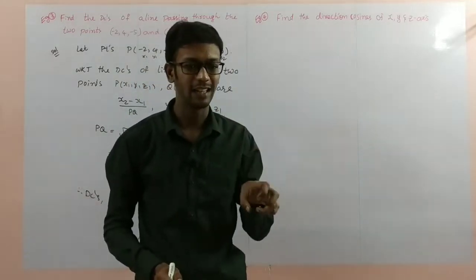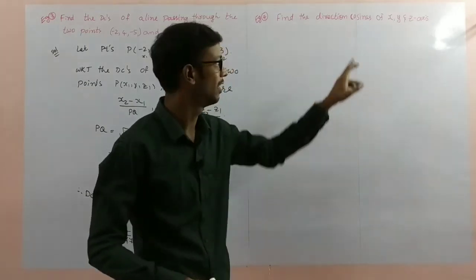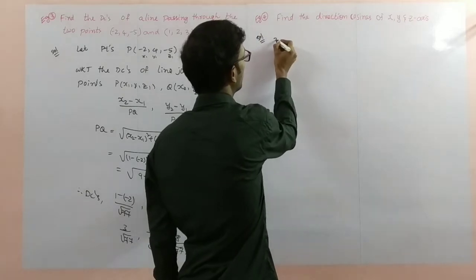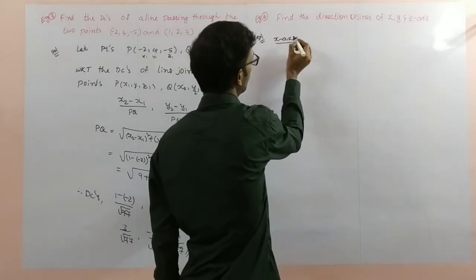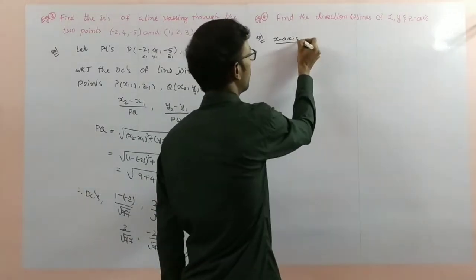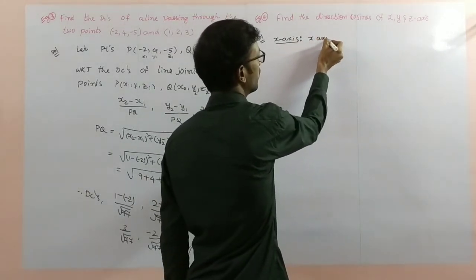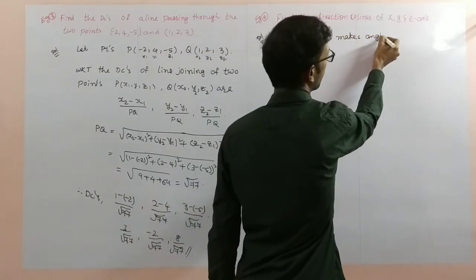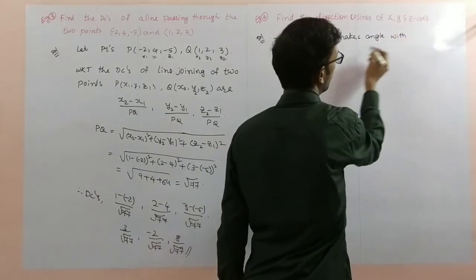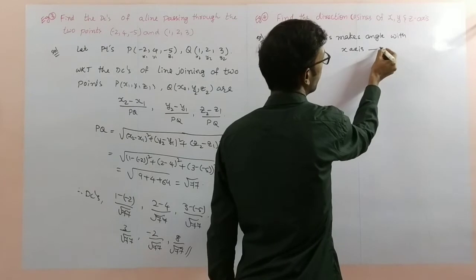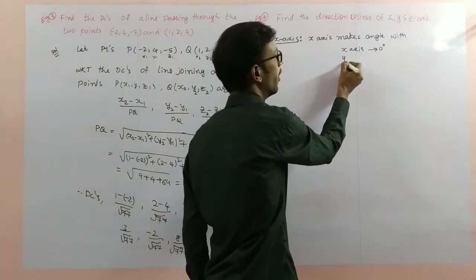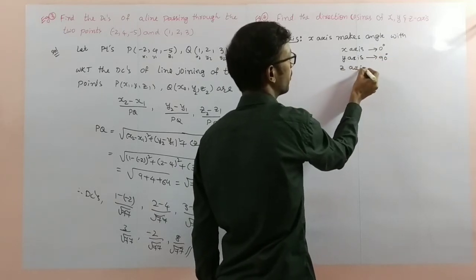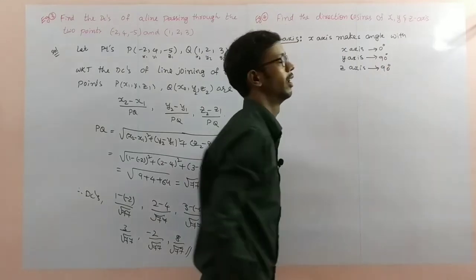So here they are giving directed lines: x-axis, y-axis, z-axis. So separately, first I will find for the x-axis. The x-axis makes angles with the x-axis 0 degrees, y-axis 90 degrees, z-axis 90 degrees.